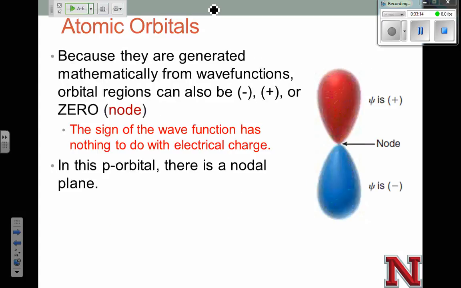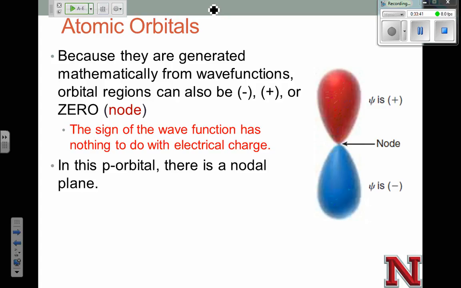Okay, so our atomic orbitals in more detail. Again, because of that wave function, here's our p orbital. Our p orbital is going to be really important to carbon. Now, this is our p orbital on the y-axis, but of course we know we have 3. Now, the p orbital is higher in energy than our 2s orbital because of this node. A node is 0 probability that the electron's going to be there.